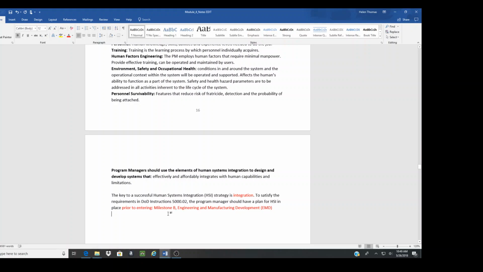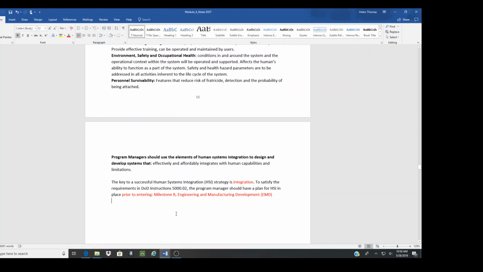When you get a successful milestone B and a successful go-ahead from the milestone decision authority to go into the engineering and manufacturing development stage, you should already know how you're going to operate. Once you develop the system, what type of requirements does that human aspect need to have, and how you're going to operate the system. So as it states, you should have your plan for the HSI prior to entering milestone B at the engineering and manufacturing development.